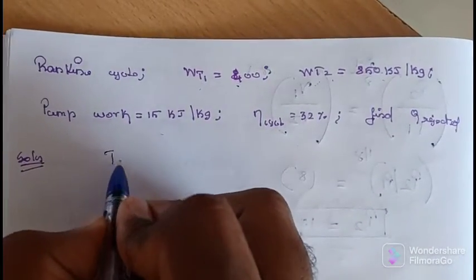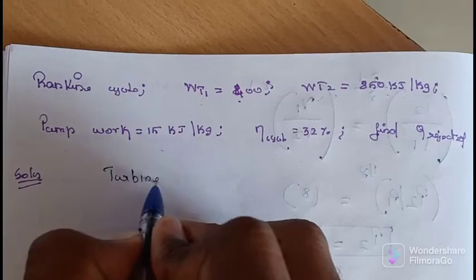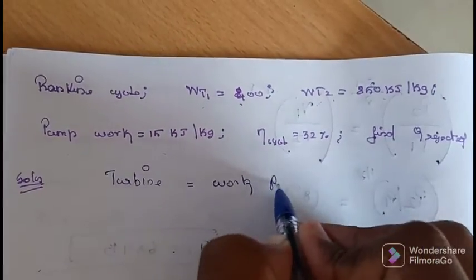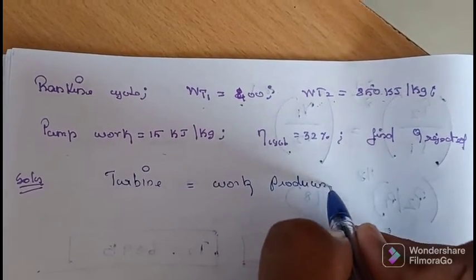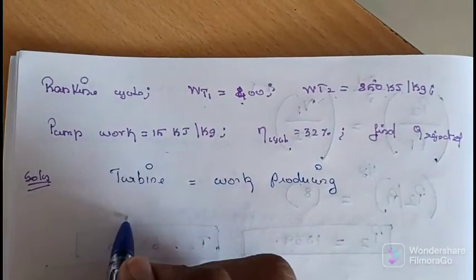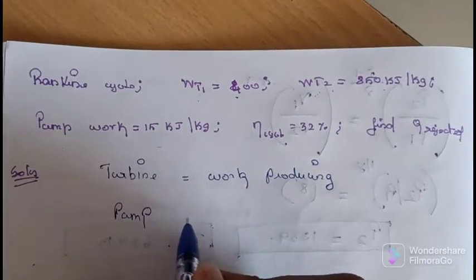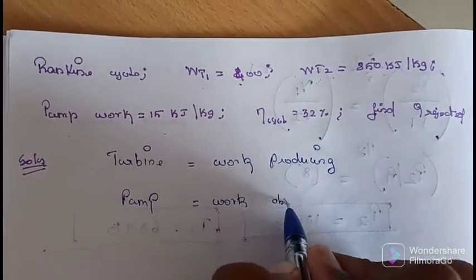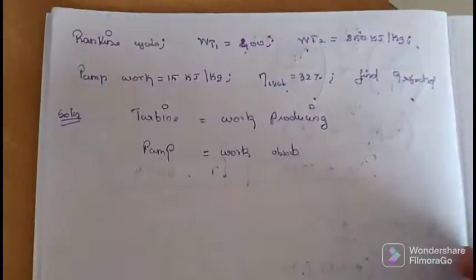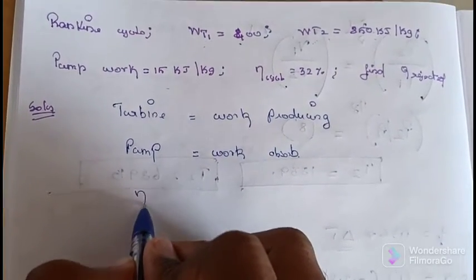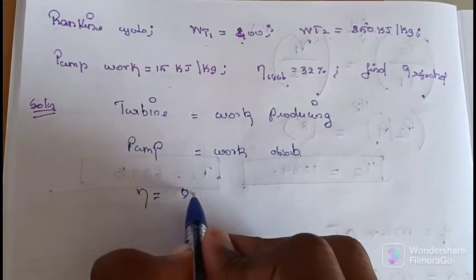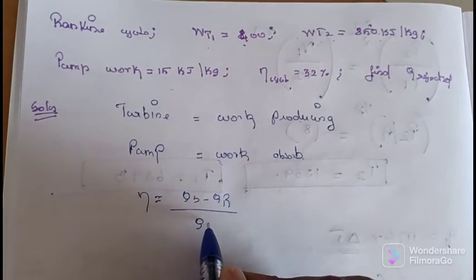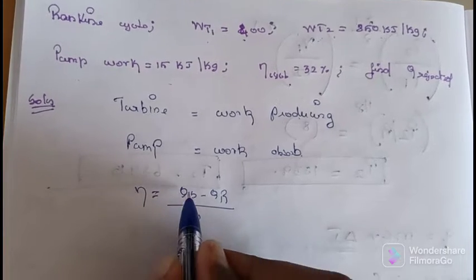Before going on, we have to understand one basic thing, that turbine is a work producing device, right? Whereas pump is a work absorbing device. And the formula for efficiency is heat supplied minus heat rejected divided by heat supplied.